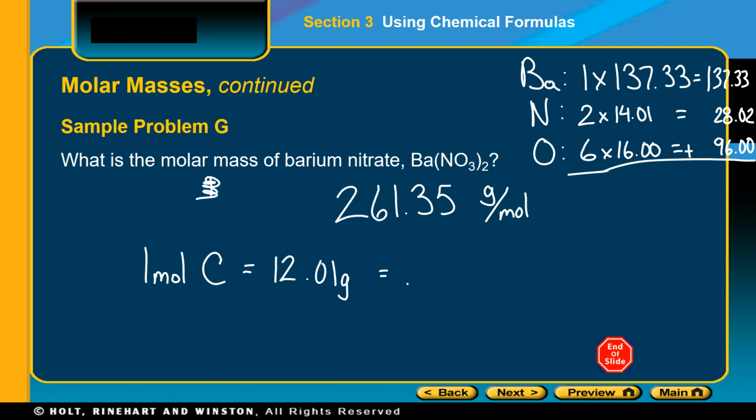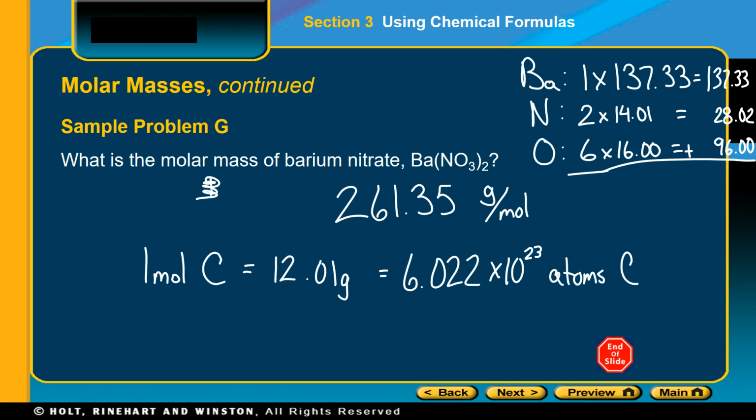So 1 mole of carbon also represents 6.022 times 10 to the 23rd atoms of carbon.